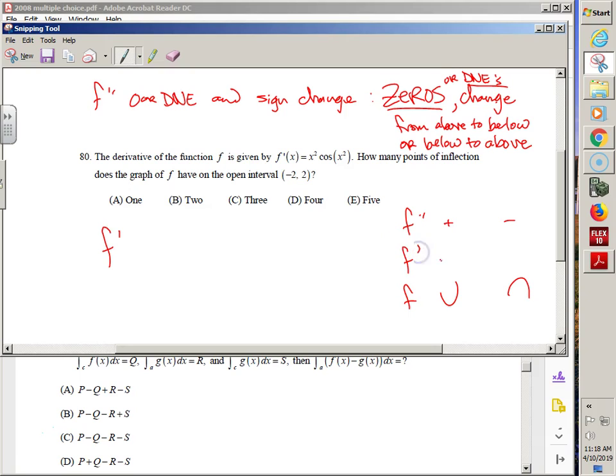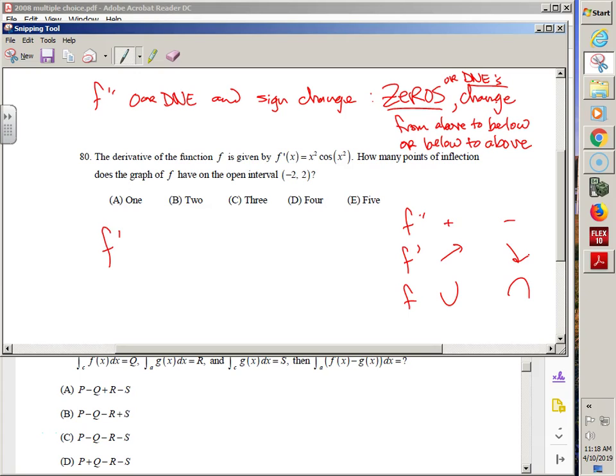What's f prime doing? Because his derivative is positive, his derivative is negative. On concave up, the slopes are continually going from more negative to more positive. They're increasing in their numeric value, or going from high positives to zeros to negatives, they're decreasing in their numeric value.